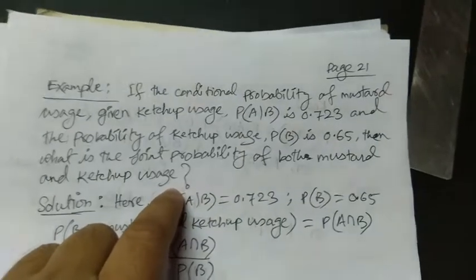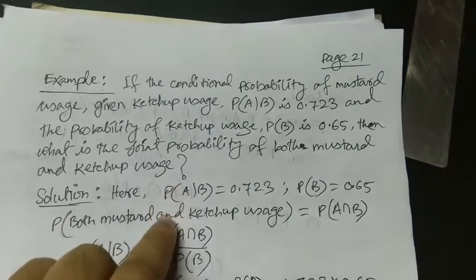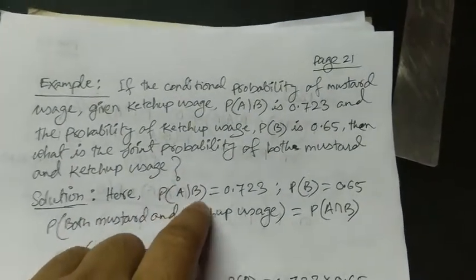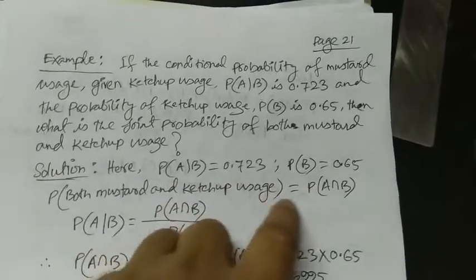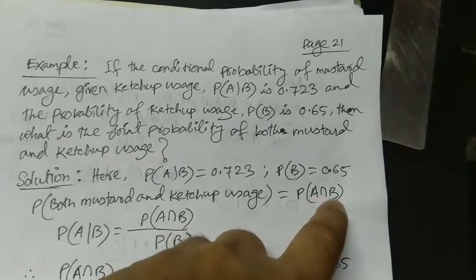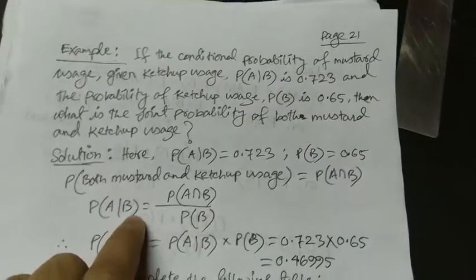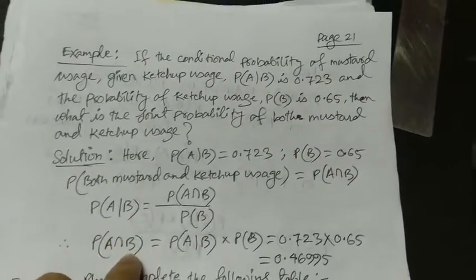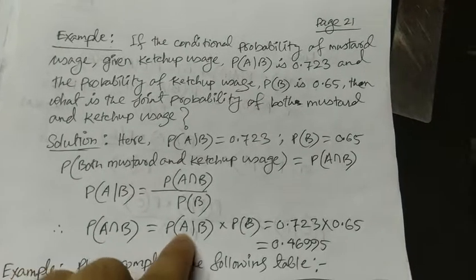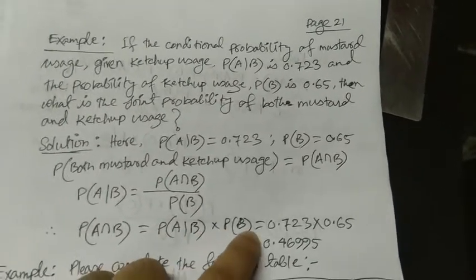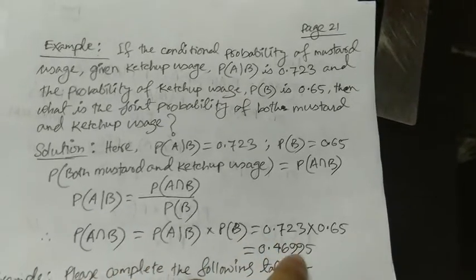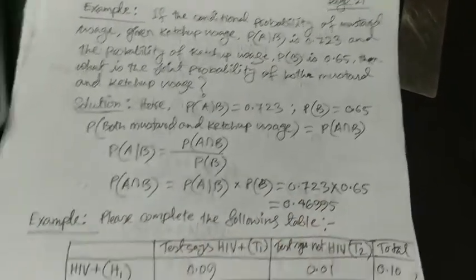That means what is the probability of A intersection B? From the formula, probability of A intersection B is probability of A given B multiplied by the given part. If we put the values there, this is the answer.